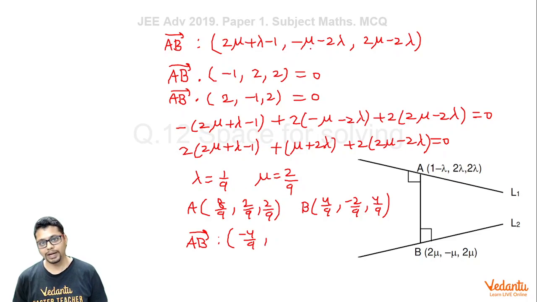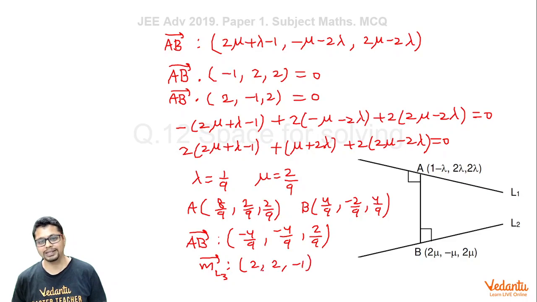Similarly, minus 2 by 9, minus 2 by 9, minus 4 by 9. And here you may say 4 by 9, minus 2 by 9, so you may say 2 by 9. Effectively, a vector parallel to line L3 is 2, 2, minus 1, basically 2 i cap plus 2 j cap minus k cap.